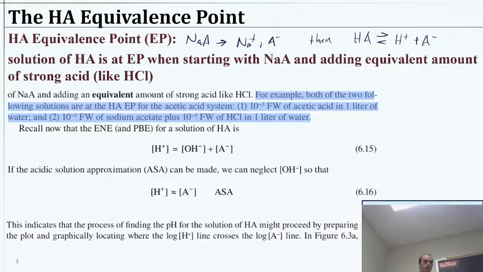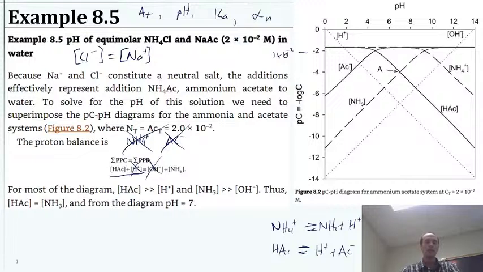Okay, so the HA equivalence point is as if we started with just NaA, so we're in a basic situation, and then we add enough strong acid, something like HCl, to get us to the HA equivalence point. Let me flip back to this for a second.